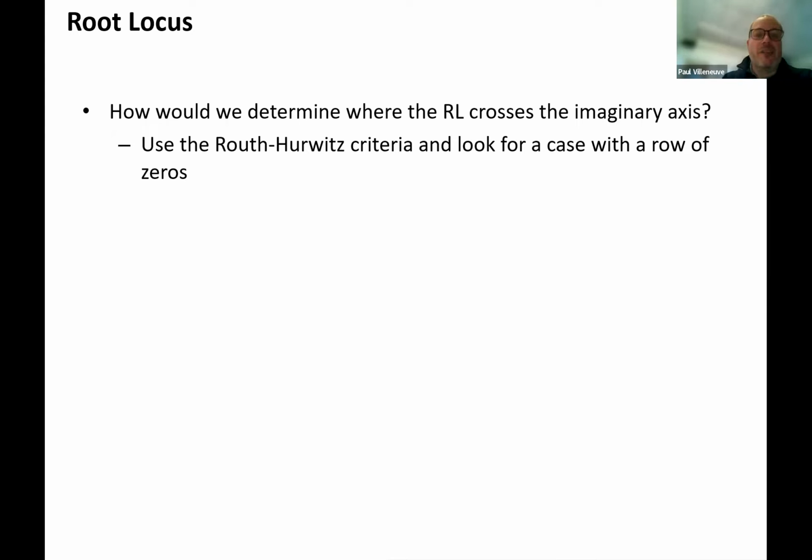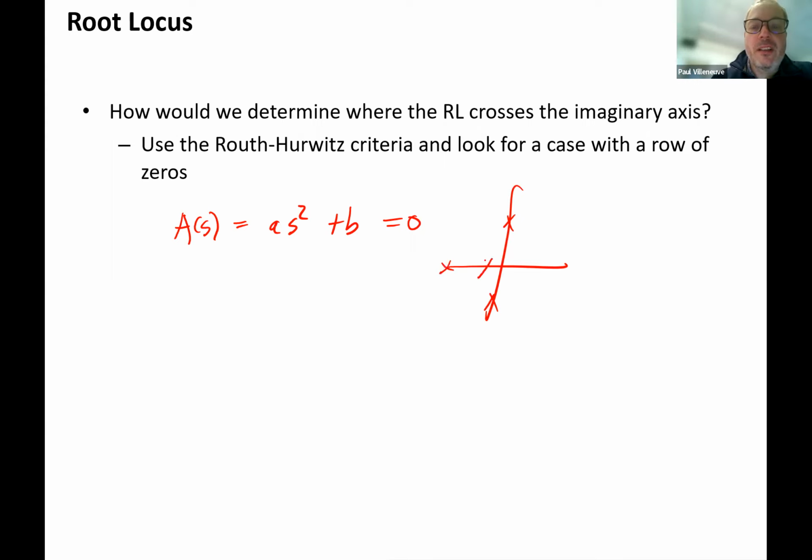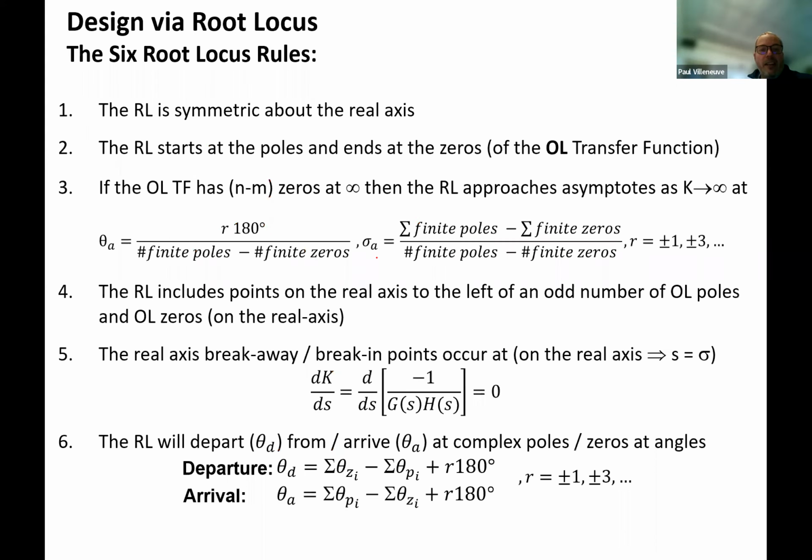Because remember, we did the auxiliary equation, which was always some A s squared plus B. And if we set that equal to 0, we always ended up with complex conjugate pair terms there. So if we have a root locus that, let's say we have 2 points, and we know that it approaches here and here, we can refine that and find out where it crosses the j omega axis by using the auxiliary equation. Okay, so we'll see that here in a minute.